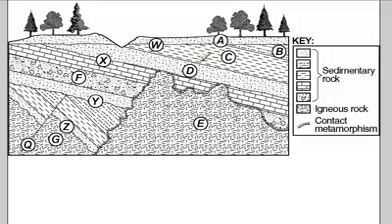We see lots of layers, and you could argue there would be possibly 2 unconformities in this particular drawing, but I would highlight this one right here, where layers that have been going this way have been eroded, and you could possibly argue that W through here is also an unconformity, where layers that were at an angle have now been wiped clean and a new horizontal layer is placed on top.